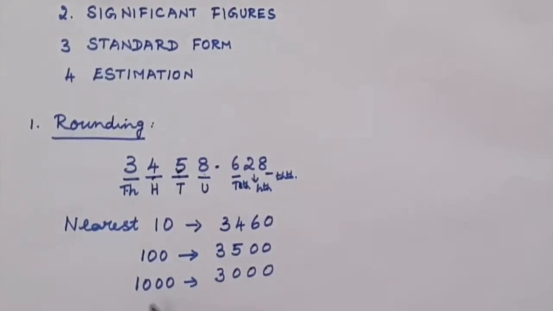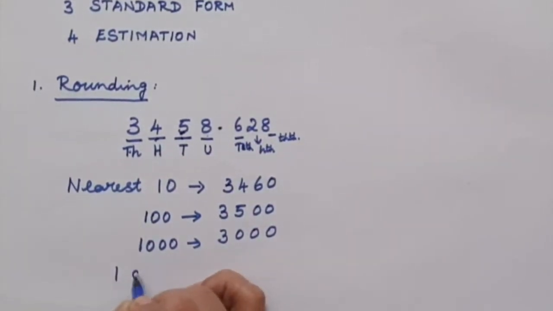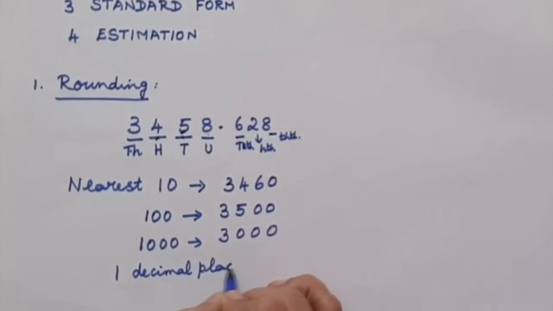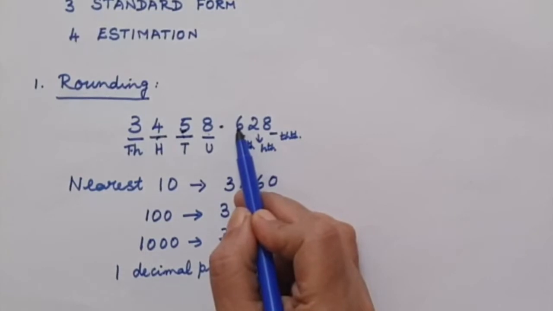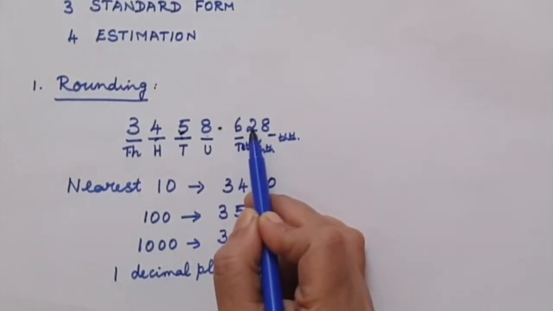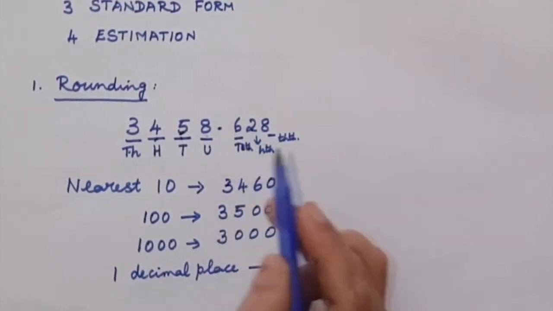Now the next thing is the decimal places. First, to one decimal place, that is the first number after the decimal point. Here, the same way, we look at the next number. If it is 5 or more than 5, we add 1. As this is a 2, we don't add.